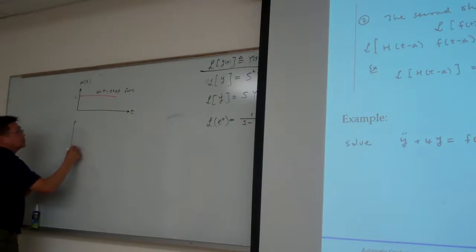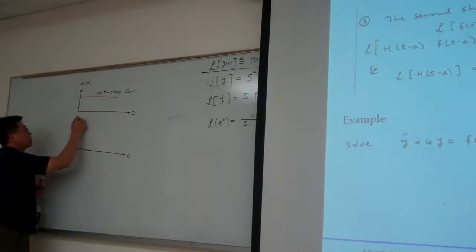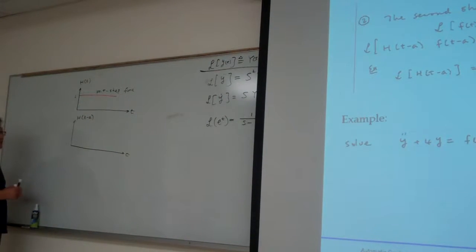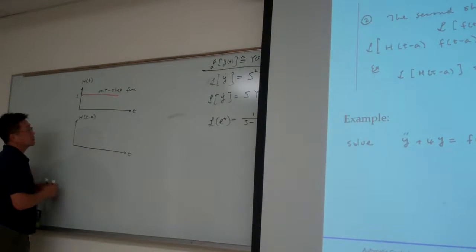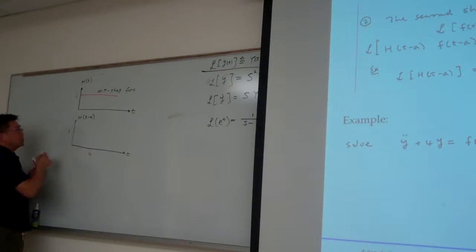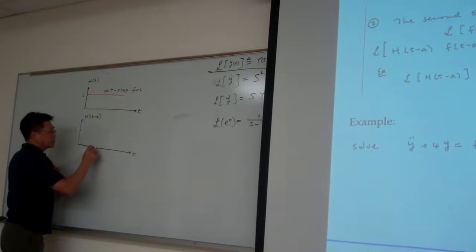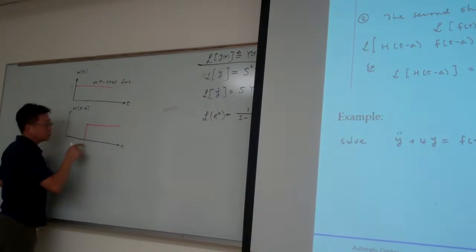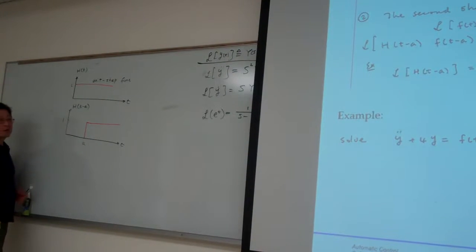And h of t minus a is simply a delayed unit step function, like this. We delay it so that when time equals a, the magnitude equals 1. The step function doesn't fire up until reaching a certain timing point.